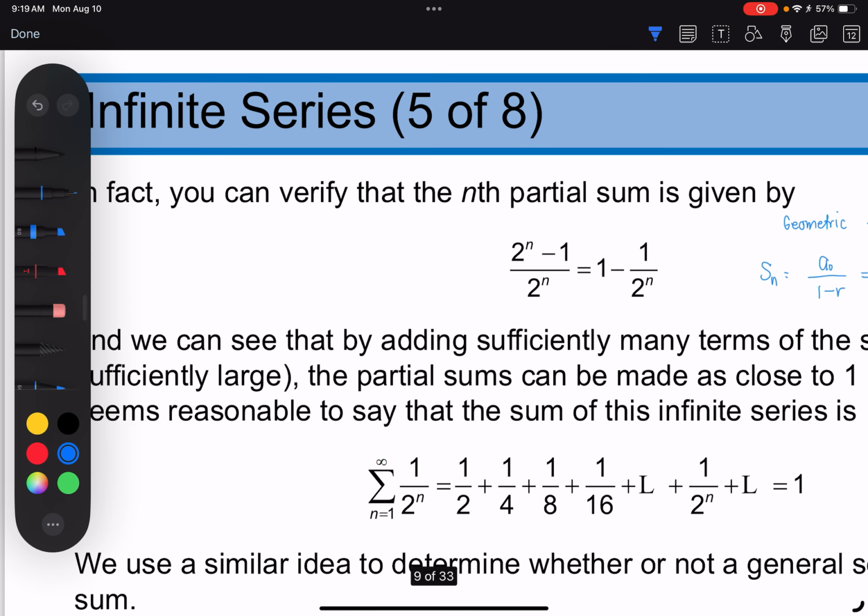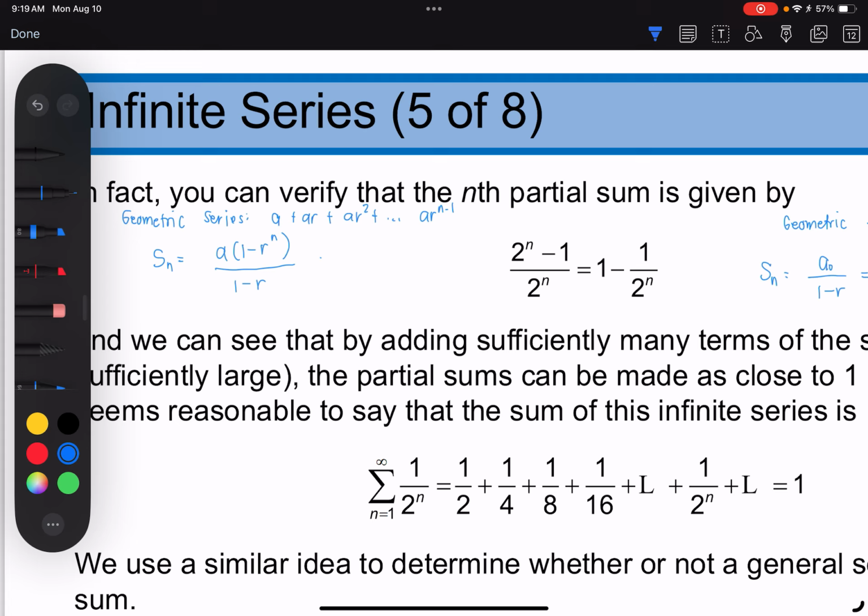So if we have a geometric series, a plus ar plus ar squared and so on until ar raised to n minus 1, the sum S sub n is equal to a times 1 minus r raised to n over 1 minus r.